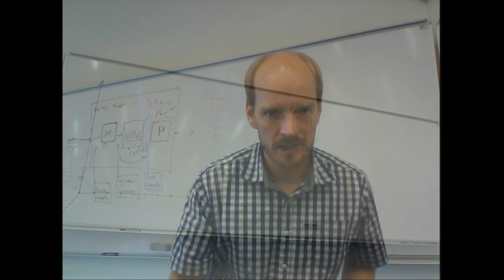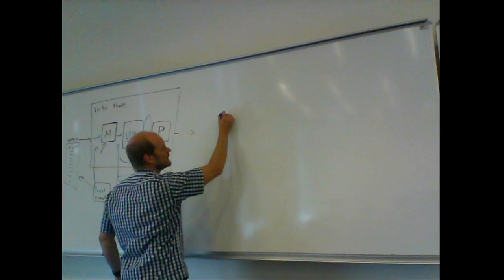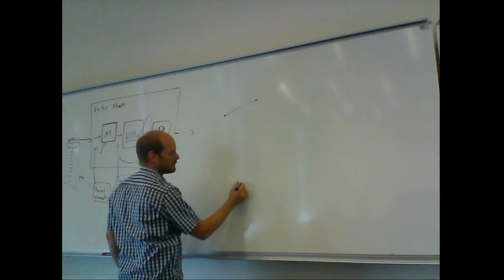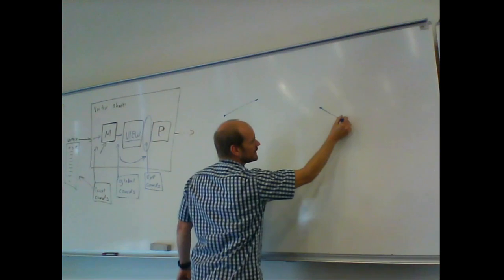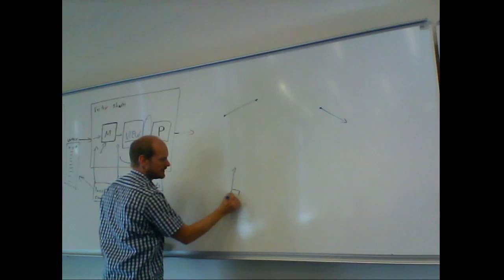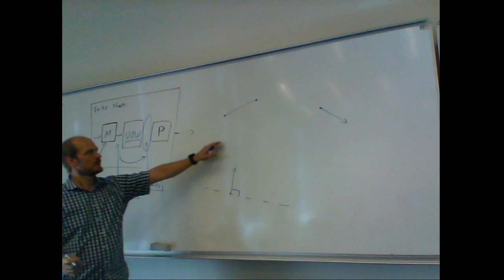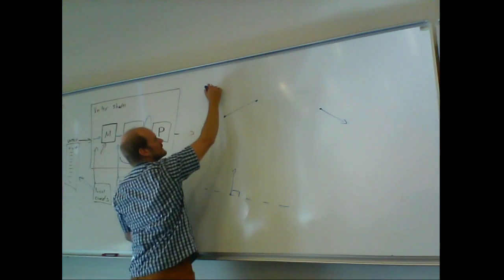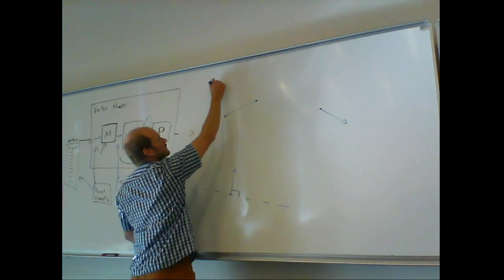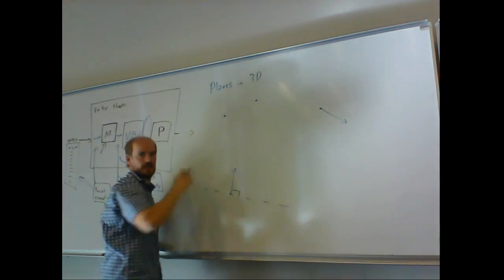So we looked at lines in 2D, and we said we can represent a line with 2 points, with a point and a vector, and with a point and a perpendicular vector. With planes in 3D, how many points do I need to represent a plane?